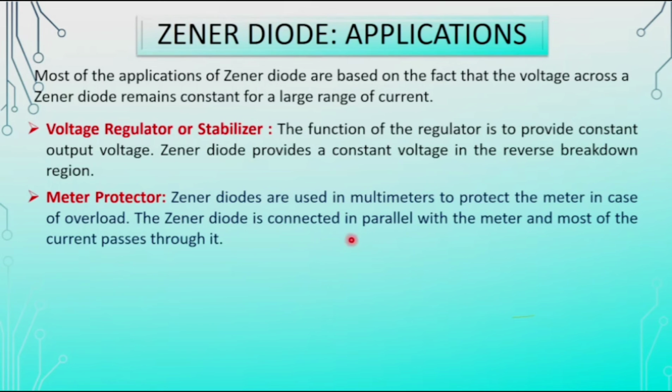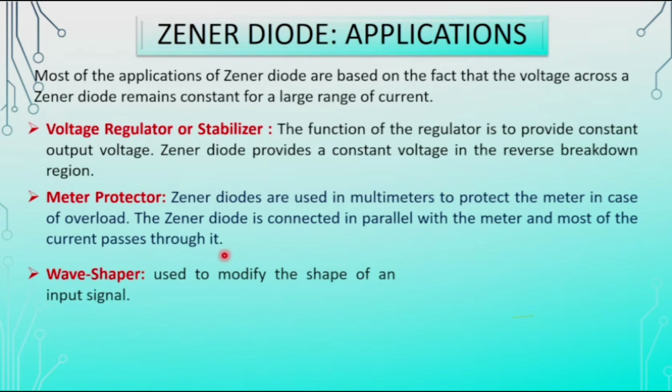So the Zener diode is connected in parallel with the meter, and most of the current passes through it, leaving the multimeter undamaged. Like this we can protect devices by connecting a Zener diode parallel to them.